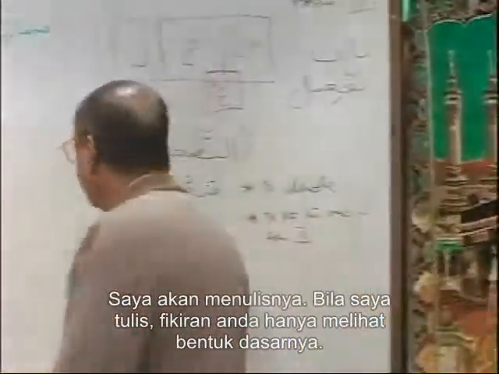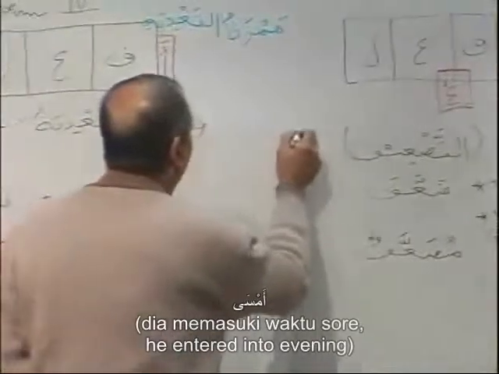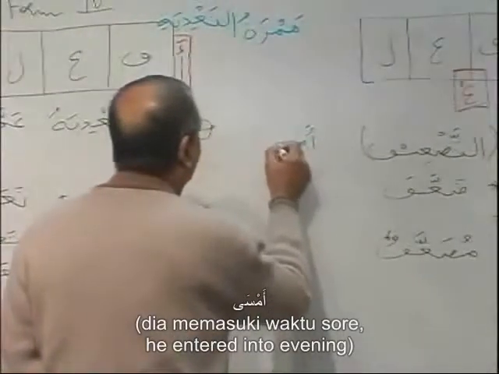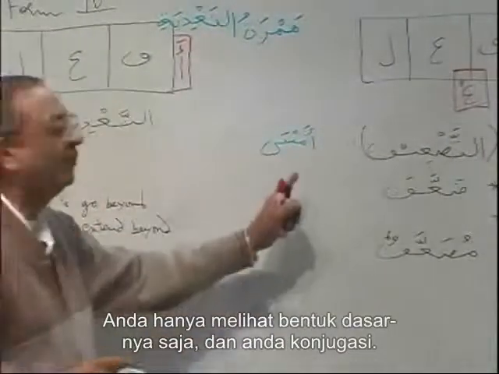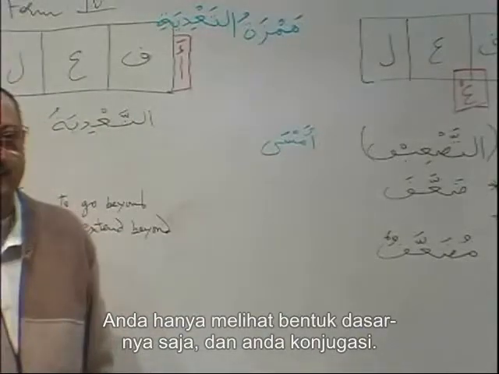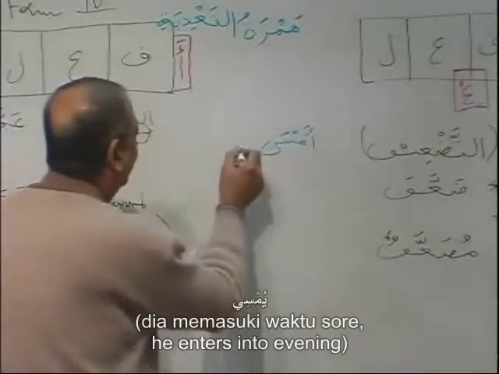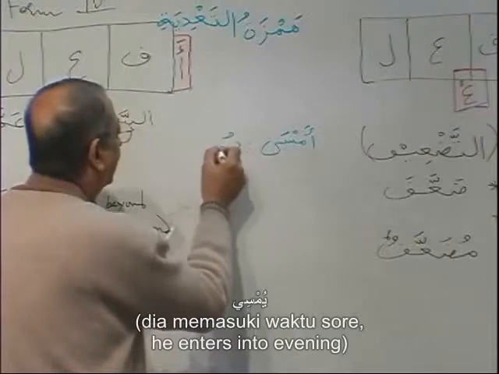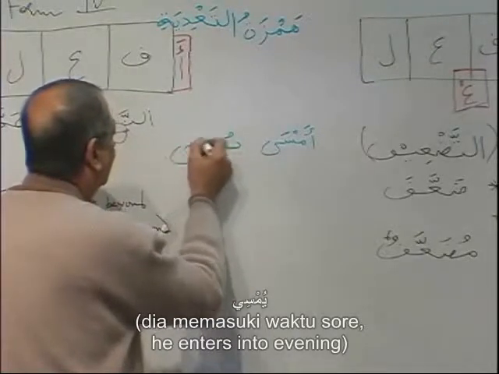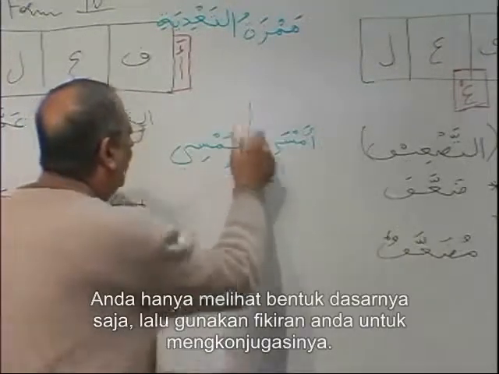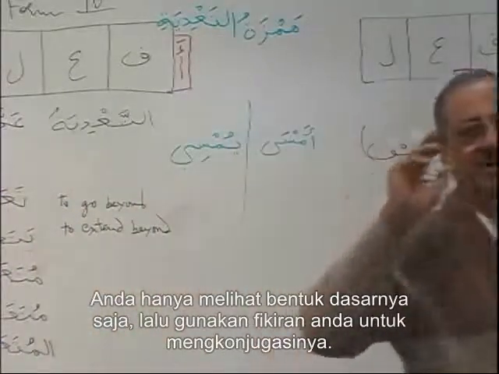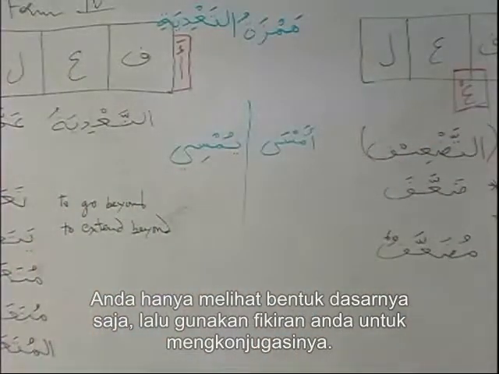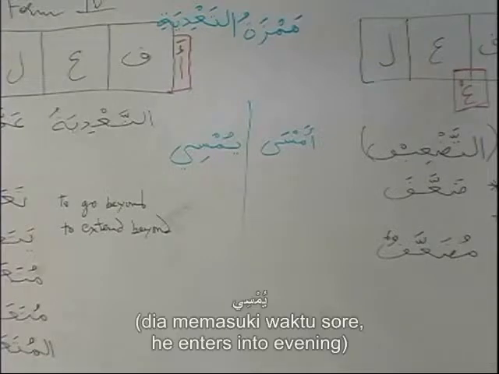What did I say? Amsa. You only look to the base form and conjugate. And when you say yumsi, you will only look to the base form and use your mind and do it. Okay, brother and sister. Yumsi.